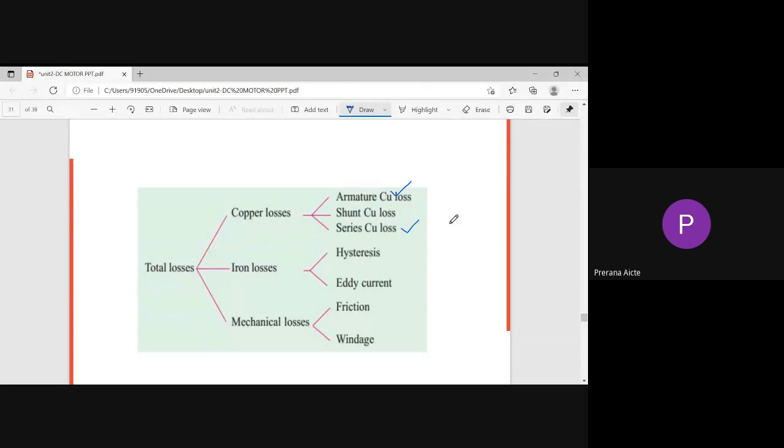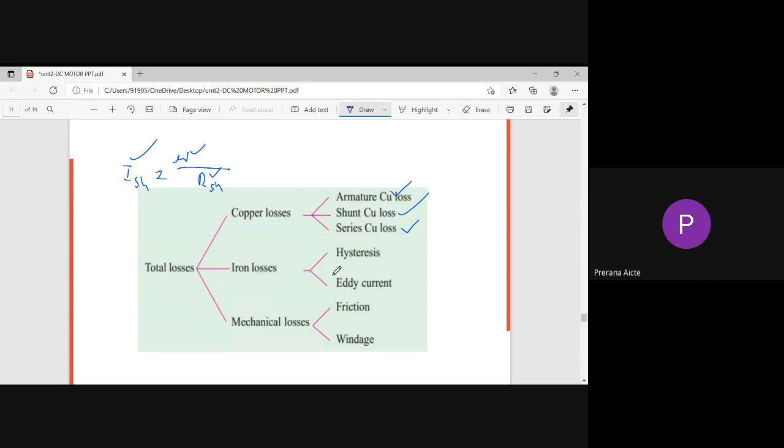Why? Because the supply voltage is constant and RSH is constant. Then ISH is equal to V by RSH. Here RSH is constant, V is constant, then ISH is constant. The shunt field copper loss is also constant. Next, iron losses.